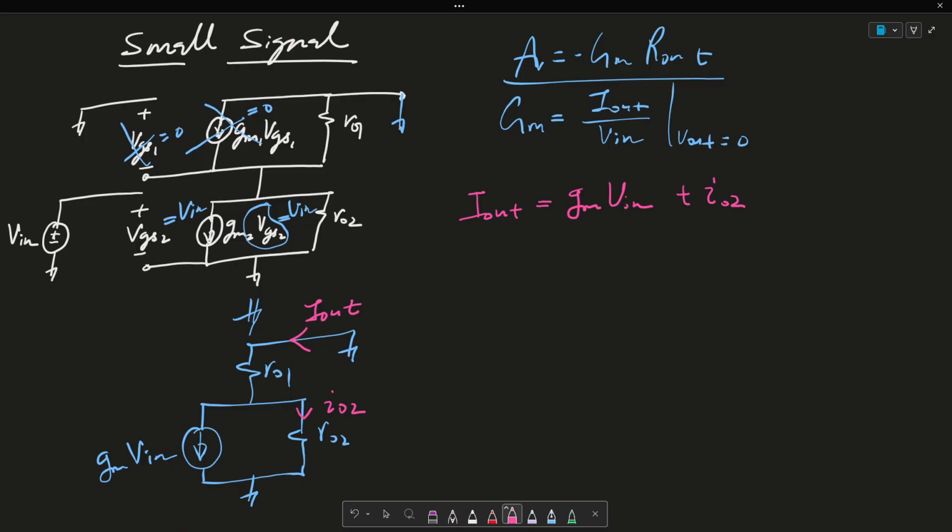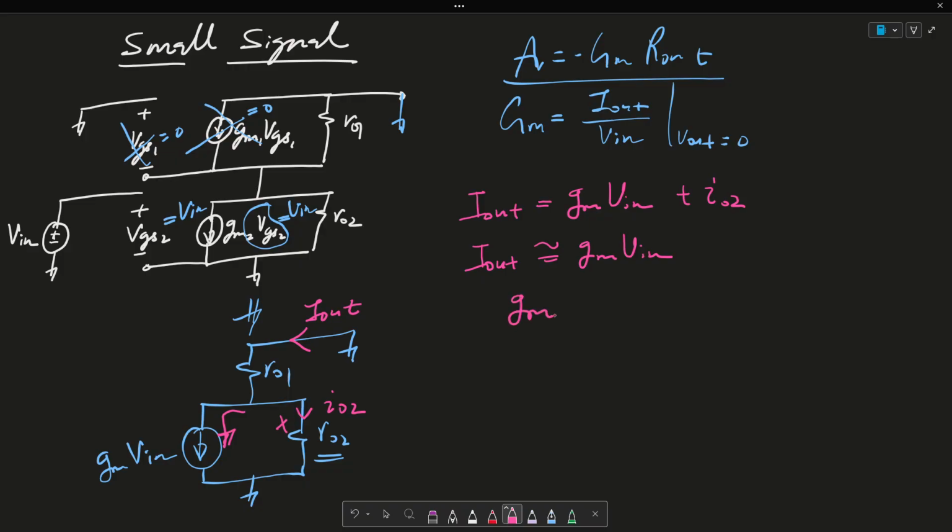Now, in general, this RO2 is extremely big, or you could design it to be very big. And as a result of that, most of your current is going to flow through here and not through here. So we can approximate I out to be approximately Gm Vin.